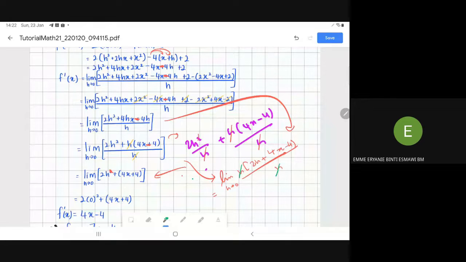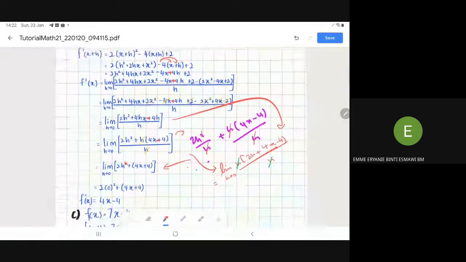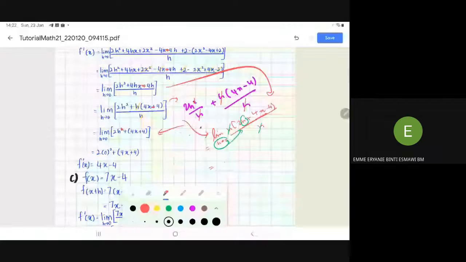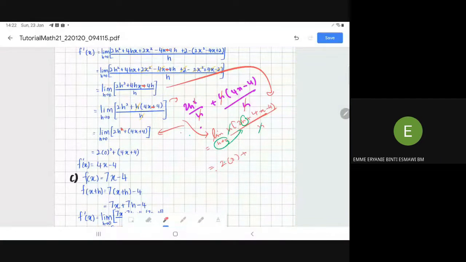Okay, dah cancel the h, barulah dia tinggal h1 je di sini. And then we substitute 0 into the h for x minus 4.